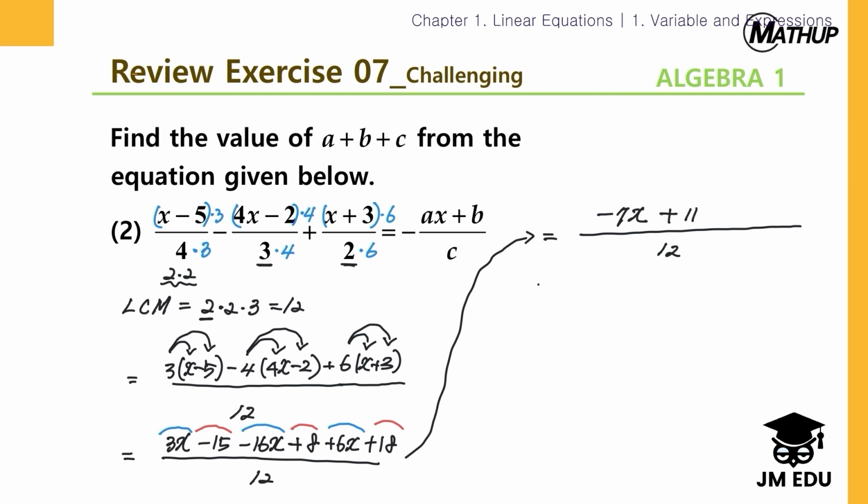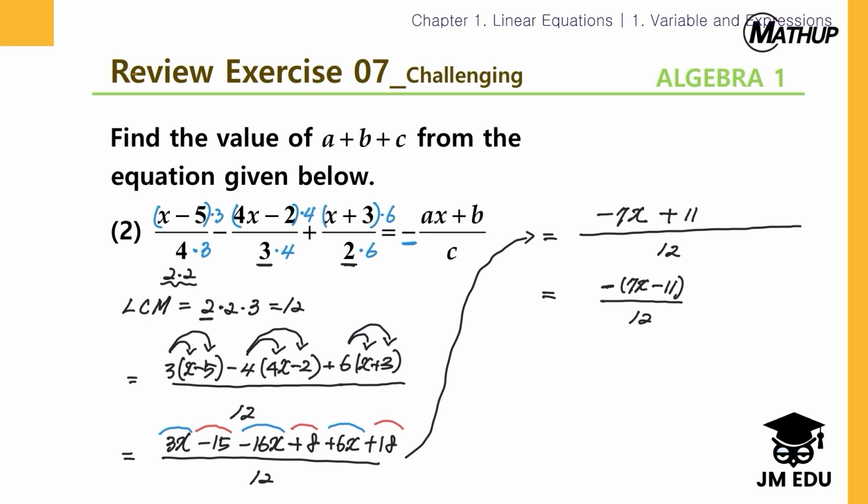So A is equal to, well, here we have to be careful. Here we have a negative, right? So we have to rewrite this expression as 12 here, and minus, we have to put minus here, 7x minus 11, right?